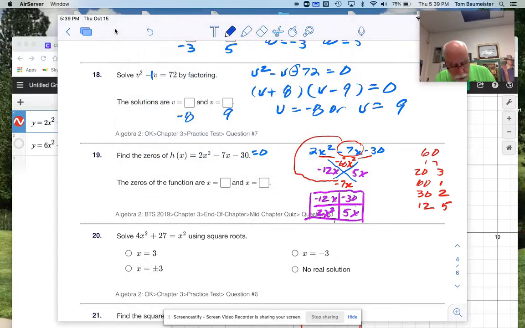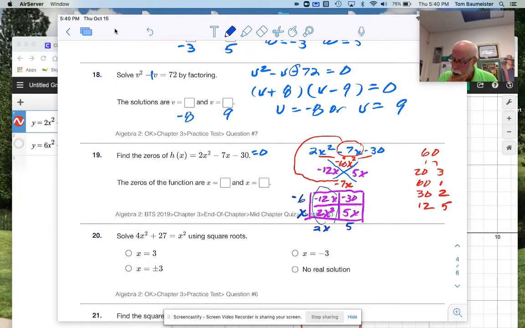Well, you'd tell me 2x. All right, 2x times what? Because now I'm just looking at that box equals 2x squared. It's an x. 2x times what gives me negative 12x, and you would tell me negative 6, right? And then x times what gives me 5x? You're going to tell me x times 5 is 5x. And then as a check, ladies and gentlemen, does negative 6 times 5 equal negative 30? And you would tell me yes.